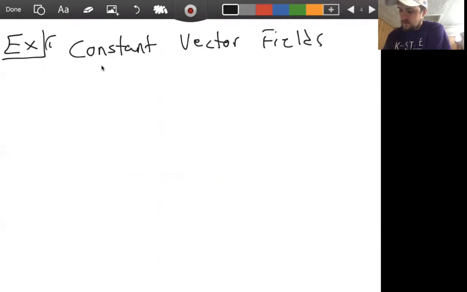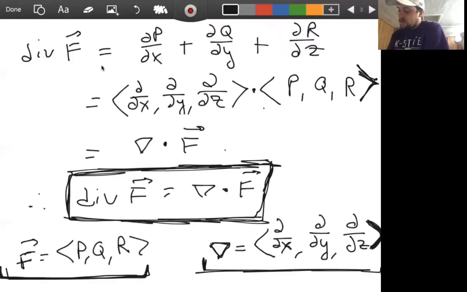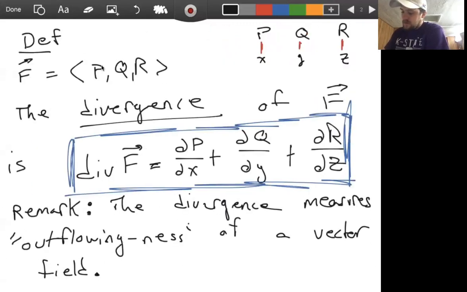This will be our first example, constant vector fields. So let's look at f equals 1, 2. And let me come back here. Notice this definition applies to 2D or 3D. When I wrote the definition for the divergence, I gave the 3-dimensional analog.